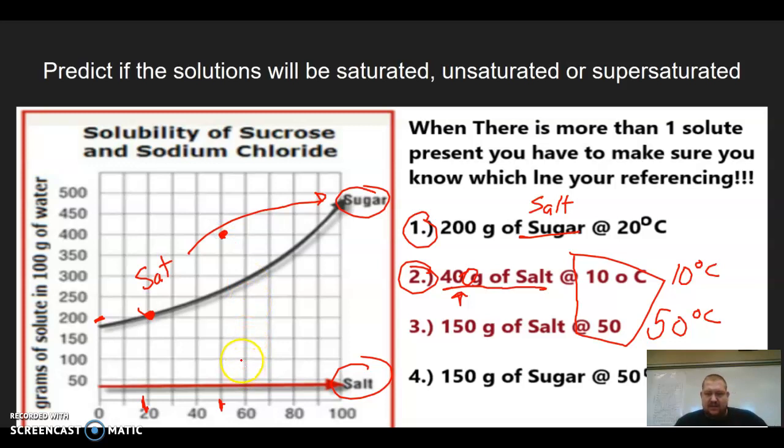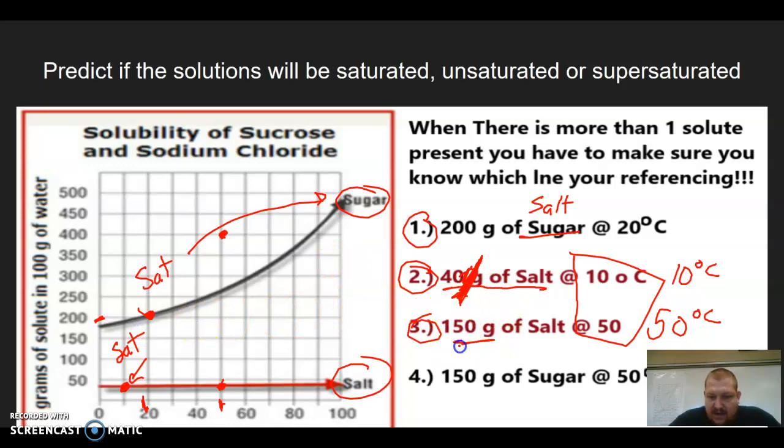Oh, no, I'm right. My bad. So 40 grams at 10 degrees Celsius should be right there. This is going to be saturated. Sorry, I had a brain fart there.